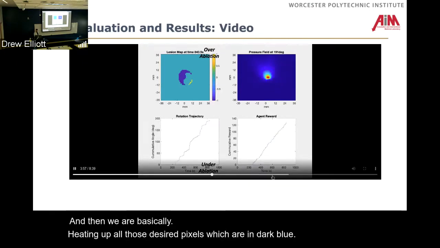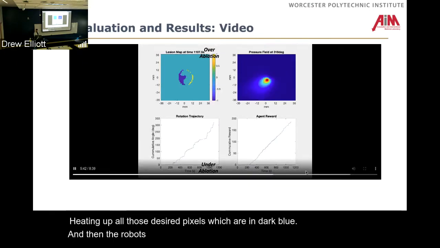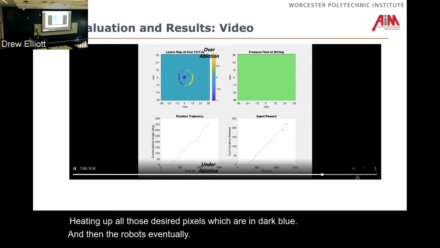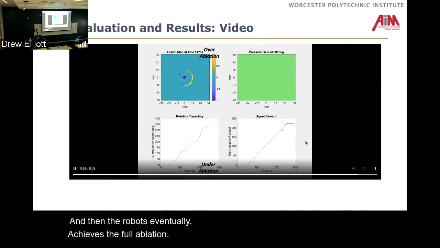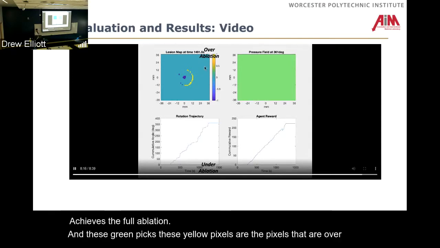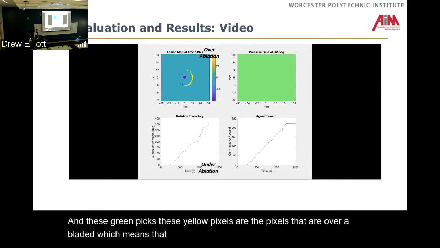And then the robot eventually achieves the full ablation. And these yellow pixels are the pixels that are over-ablated, which means that they got more temperature than needed to kill these cells.